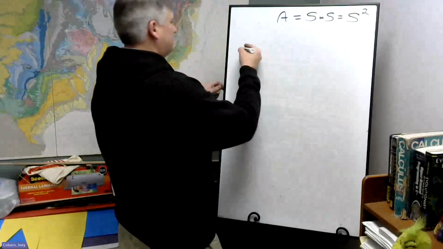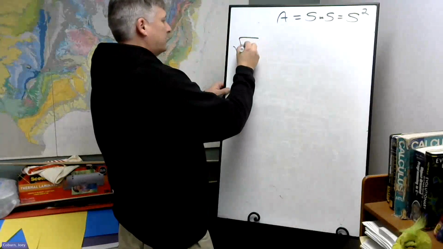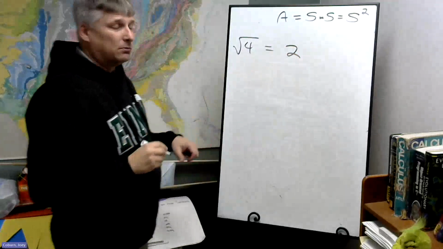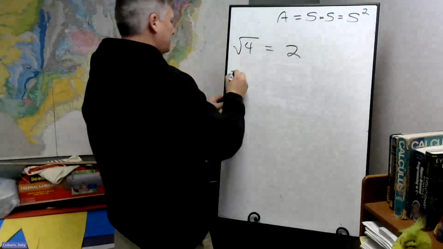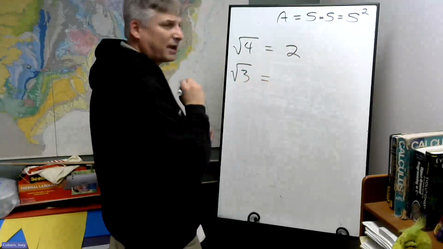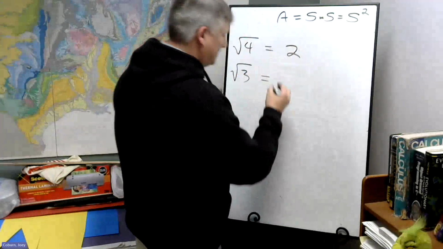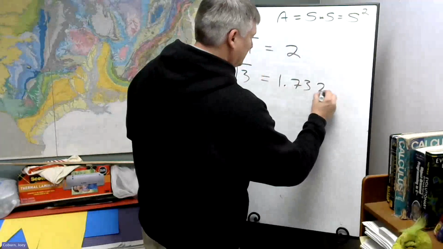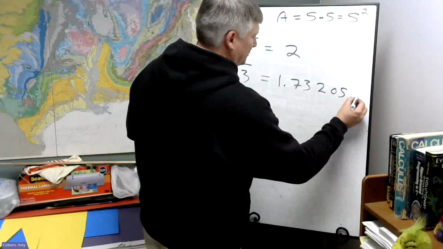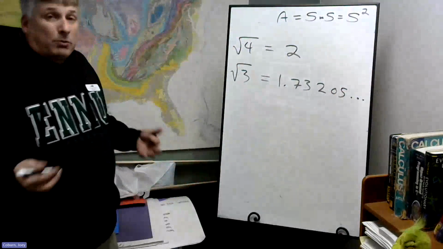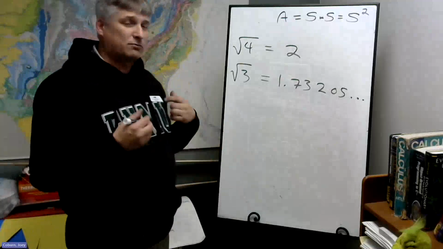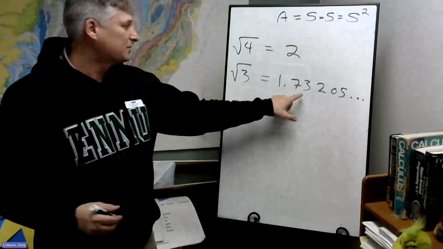So what we typically do is you could get the square root of 4, put that into your calculator, and you'll get 2. But the square root of 3, you put that into your calculator, you'll get, again, this long number, 1.73205, and I'll just say it goes on forever. So what we're going to do in this section is round off. We usually round off to the hundredths place.